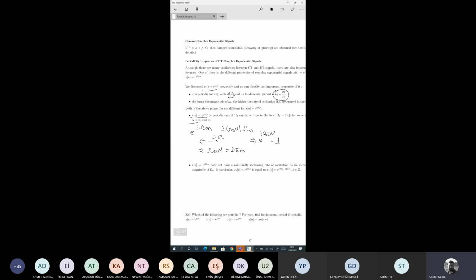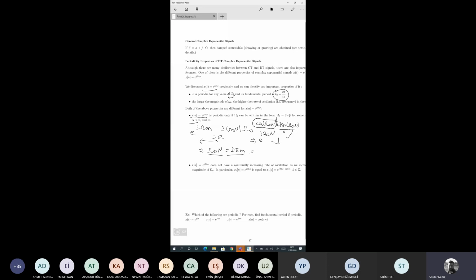Because remember, what is this? e to the power j omega 0 n is cosine omega 0 n plus j sine omega 0 n. If this is equal to 1, it means that the imaginary part is 0 and the real part is nothing but 1. If this is 1, then omega 0 N must be 2 pi m, because I know that cosine 2 pi m is 1.